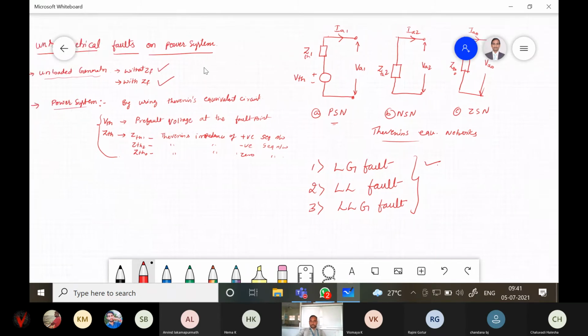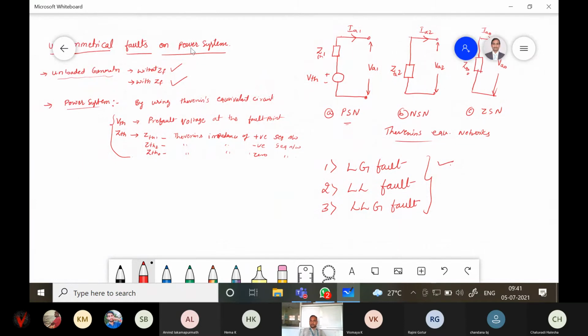For the power system, the same derivation is repeated.